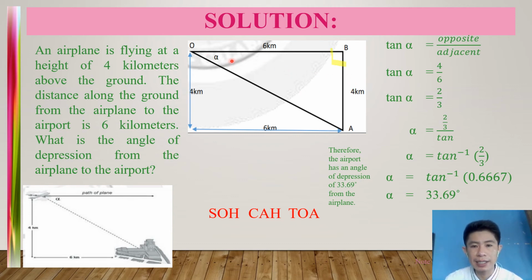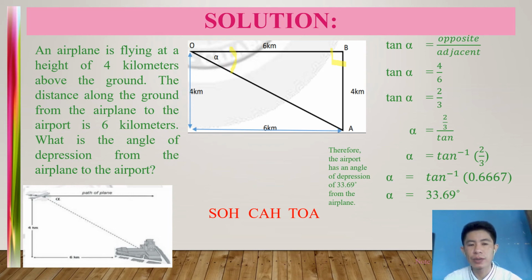And this is angle alpha. This is a Greek character similar to theta. We have alpha, beta, and theta. So this time we will use the Greek character alpha to illustrate the angle of depression.